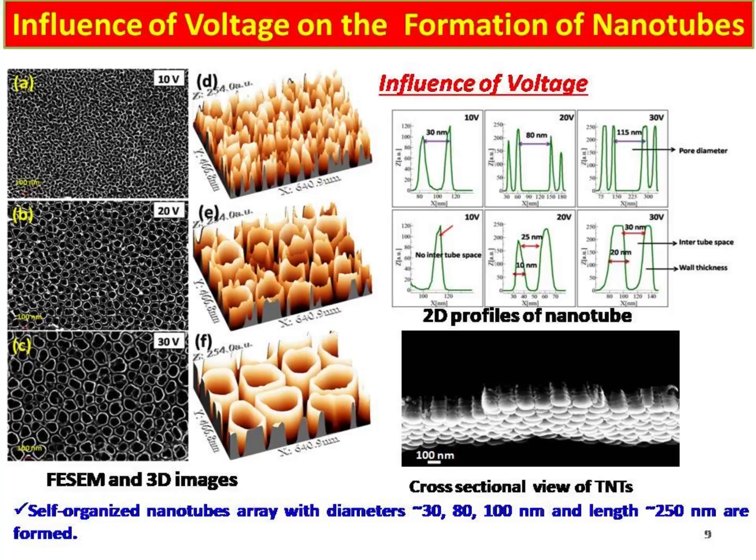By applying 30 volt on the surface of the titanium alloy, self-organized nanotubes were formed, with a diameter of 100 nanometer and length of 250 nanometer, whereas at the applied voltage of 10 volt, the diameter of the tube is only 30 nanometer, and for 20 volt the diameter of the tube is 80 nanometer.